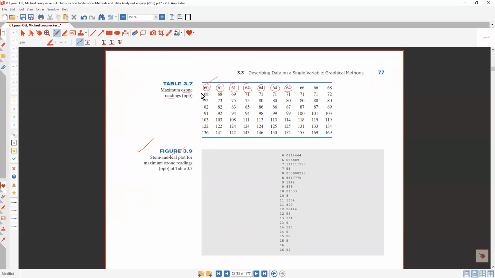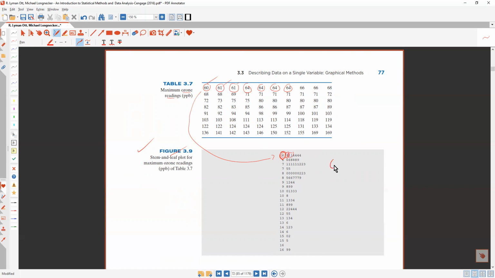Look, where's the 60 go? Well, the 60 is right over here. There's the 60. Where's the 61? There's two 61s and they're indicated right over here. So notice that the stem and leaf plot is taking the first position here, and then it has the trailing position over here.